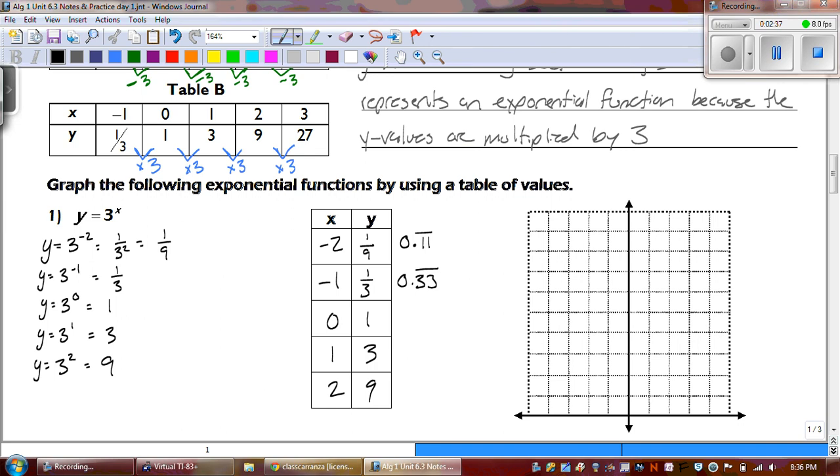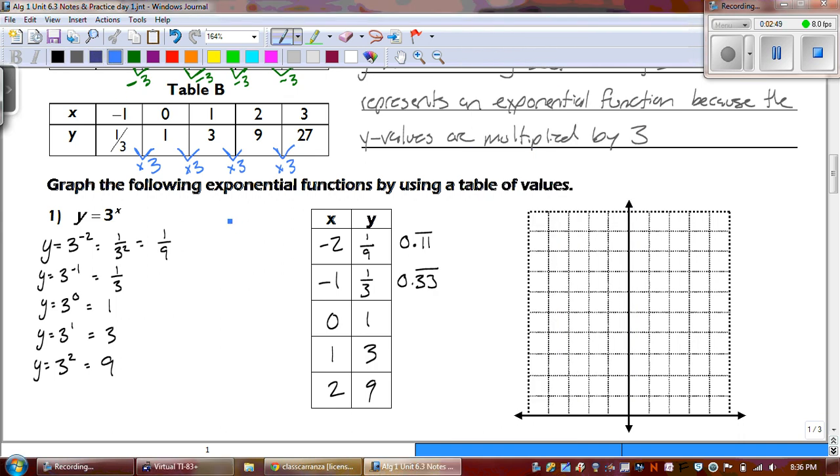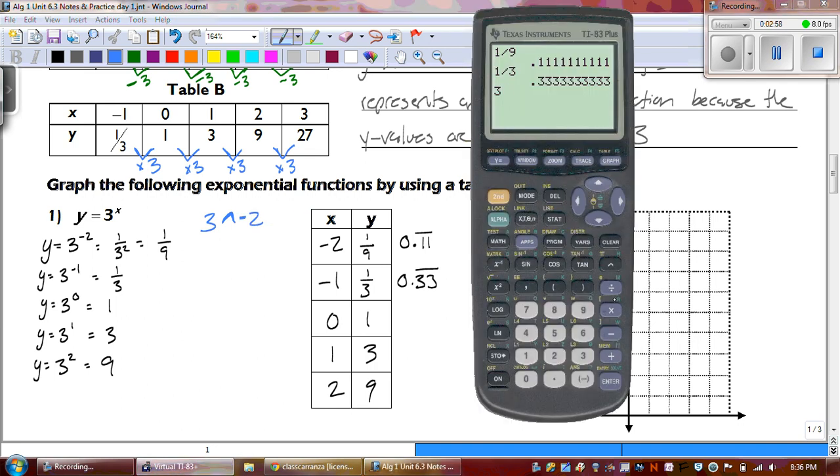Now, if you're typing this into your calculator, we would start with our base, which is 3. Let me write down exactly what I'm typing into my calculator. I have the little caret button. So I have to write 3, the caret, and then -2.